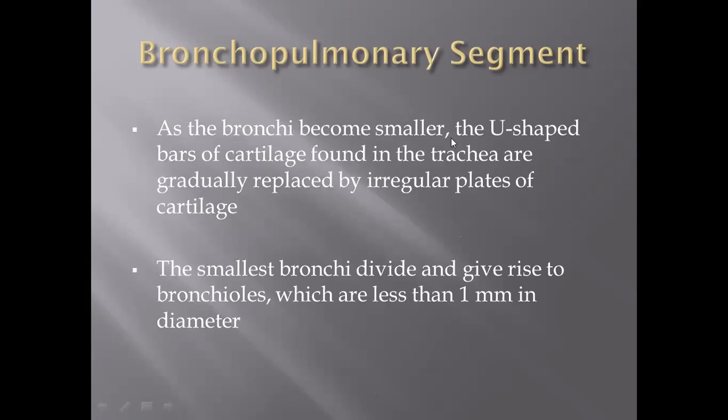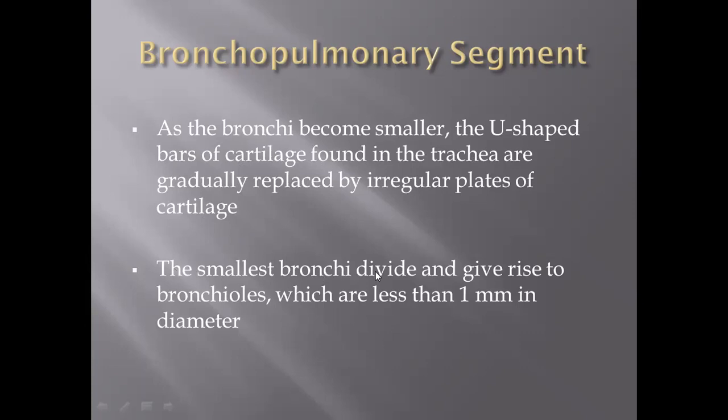As the bronchi become smaller and smaller, the U-shaped bars of cartilage, which are typical in the trachea, are gradually replaced by irregular plates of cartilage. So as you go downward, these U-shaped or C-shaped cartilage rings break down and become irregular small pieces.